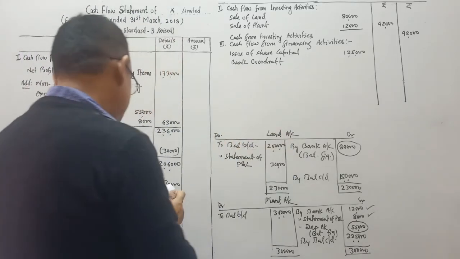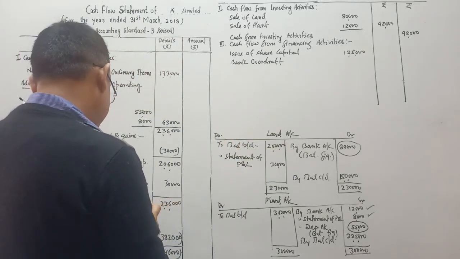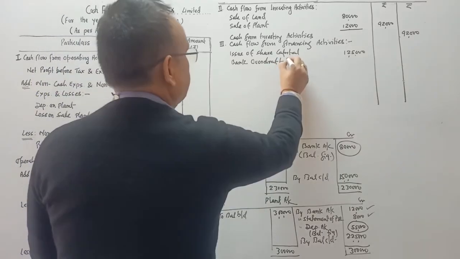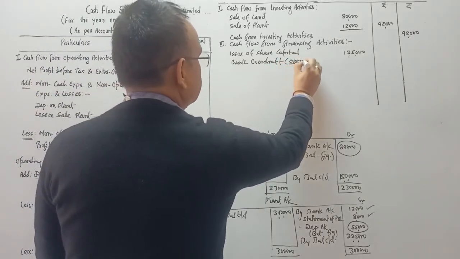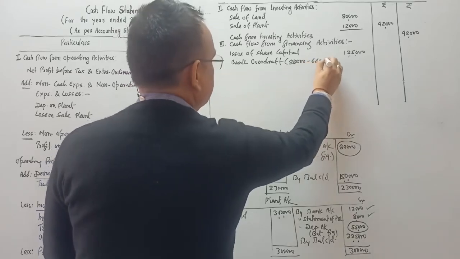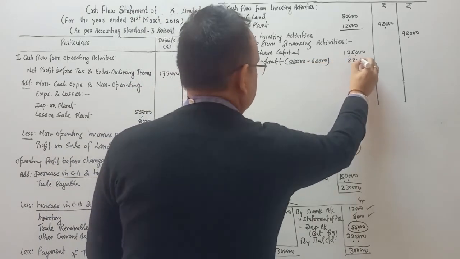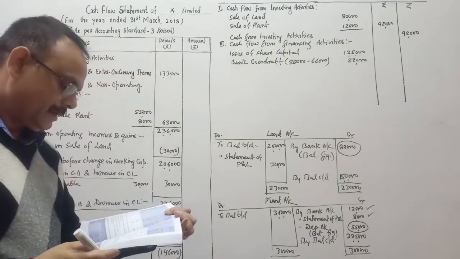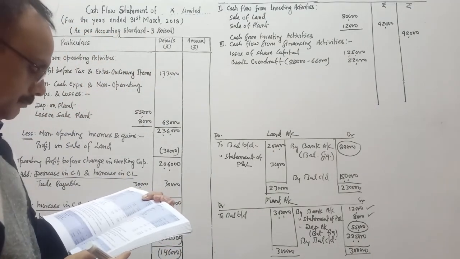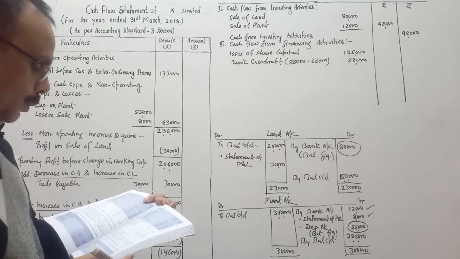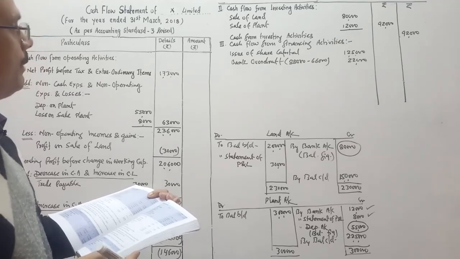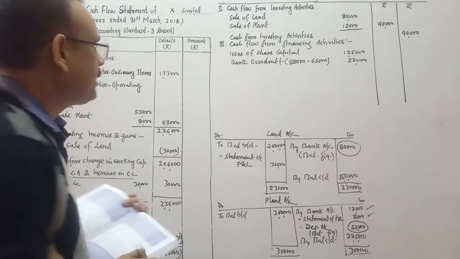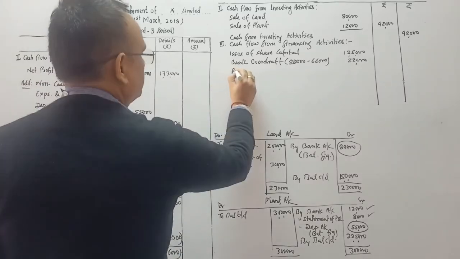See the difference, 88,000 minus 66,000. So difference is 22,000. It is increased by 22. So bank overdraft is 22.